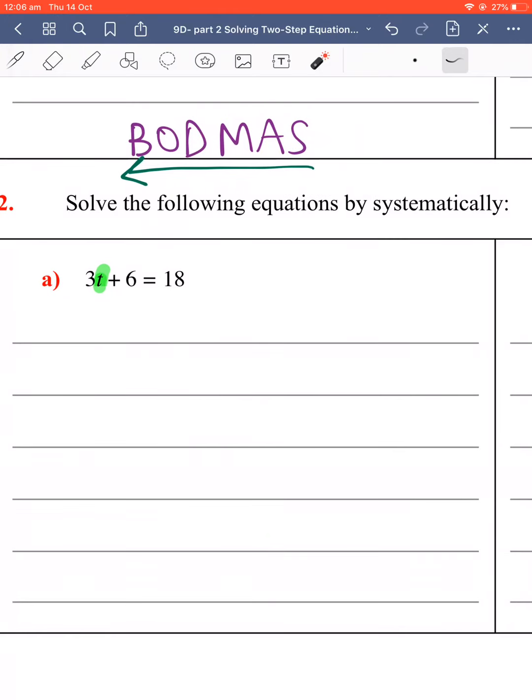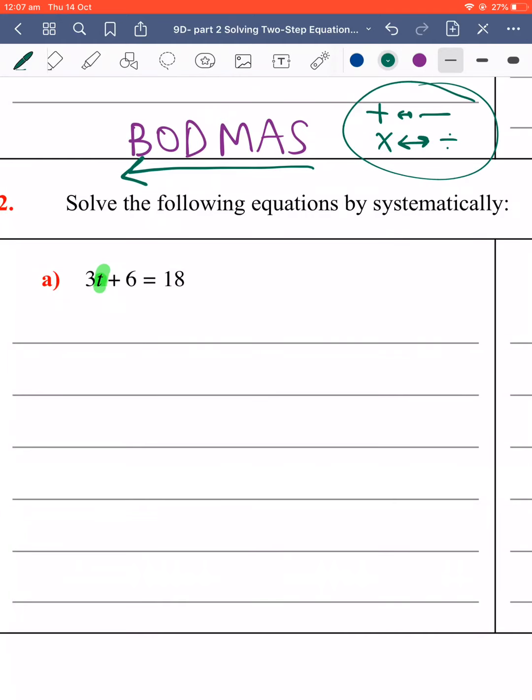I'm also going to give myself a little bit of a reminder of what I mean by reverse operations. If it's plus, I do minus. I've got a little arrow in between. If it's multiplying, I do division, and vice versa. So we have our opposite operations here, and we have our reverse order in terms of BODMAS to undo our equation so we can solve it.